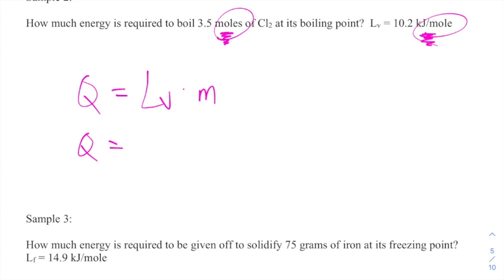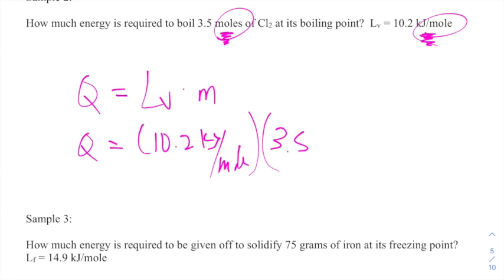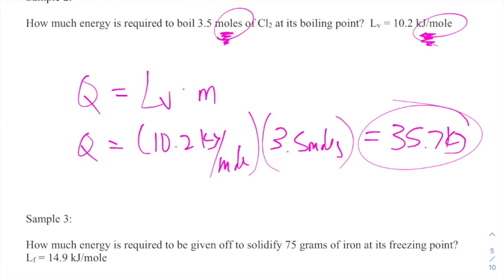So the Q is going to be 10.2 kilojoules per mole times 3.5 moles. 10.2 times 3.5 is about 35.7 kilojoules. So we are all good to go there.